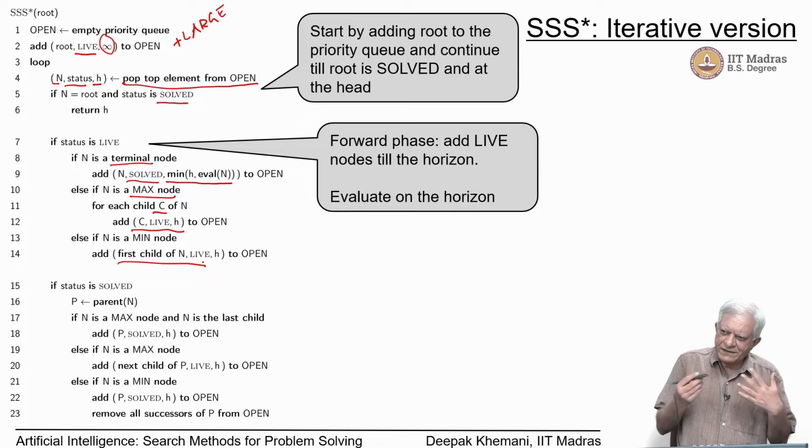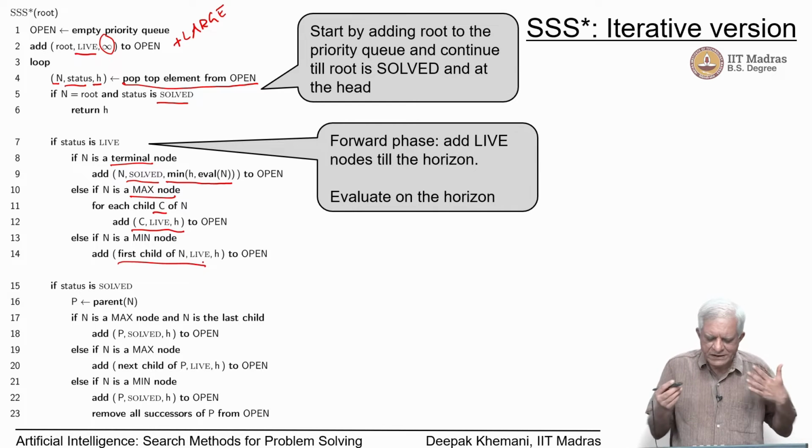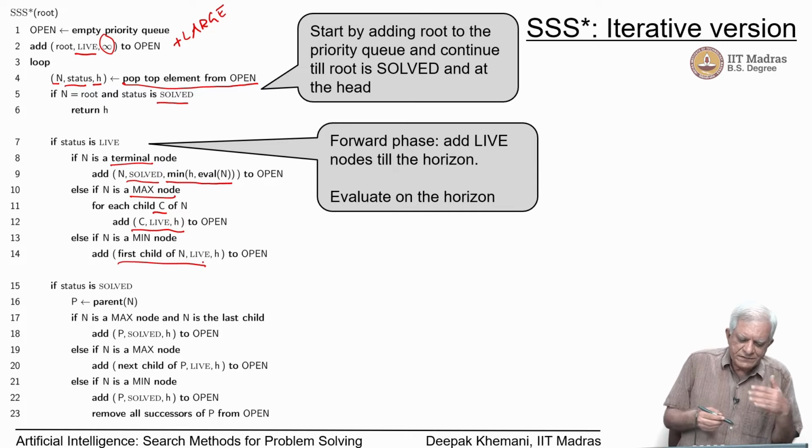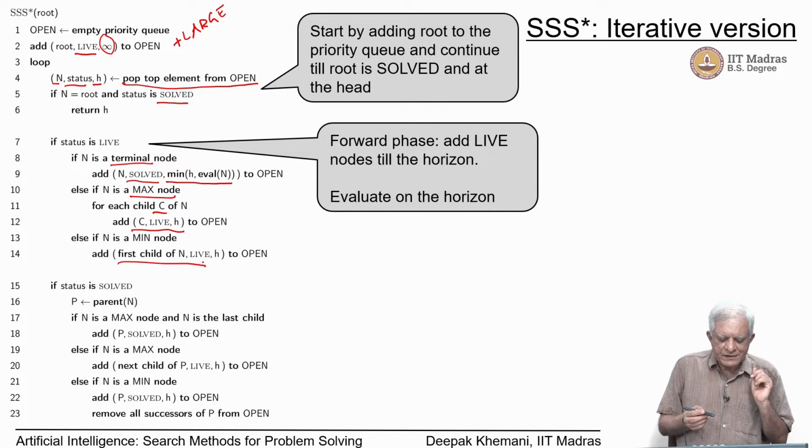So we will keep adding these live nodes, which means we will keep going down the tree and building the clusters. As long as the node we are popping is live, we will keep going down the tree and adding more live nodes till the point where we reach the horizon or the terminal nodes. At that point, we evaluate those nodes and put their value into those nodes essentially.